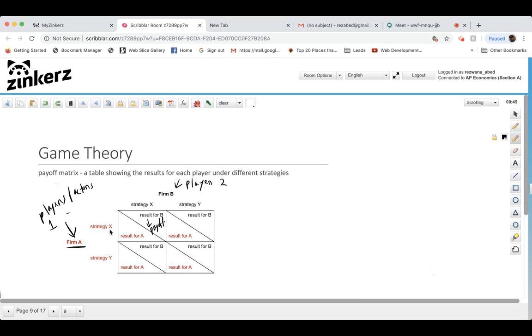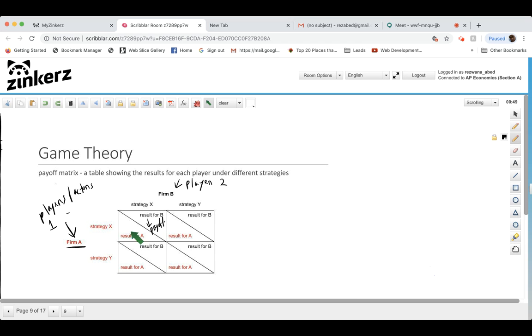So here, all the numbers on the left-hand side of each cell are the result for A, the result for A, the result for A, the result for A. All the numbers that reflect the payoff for farm A, I have written in red. That's just one way for you to remember.